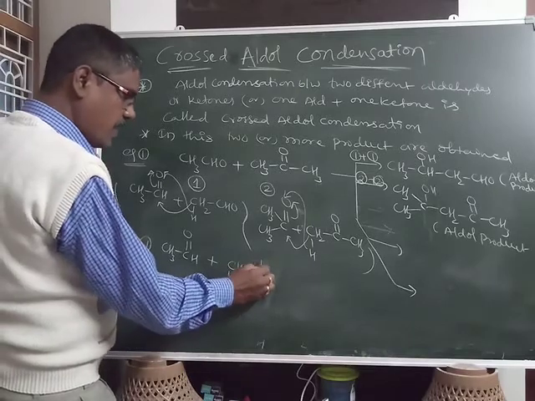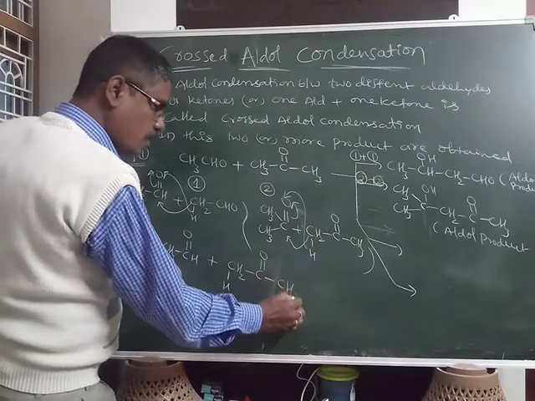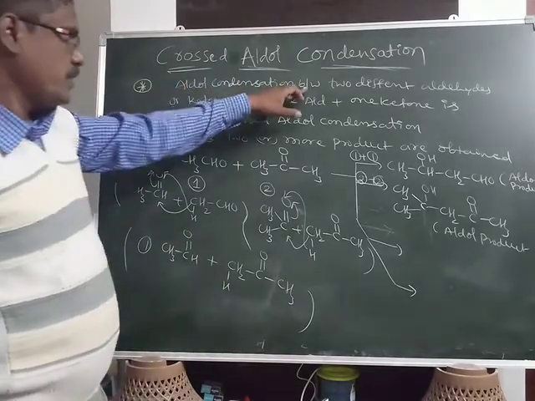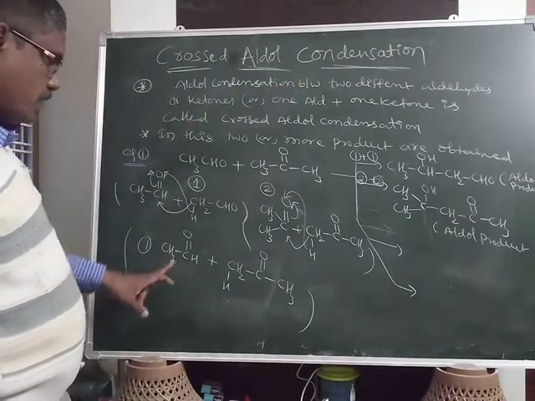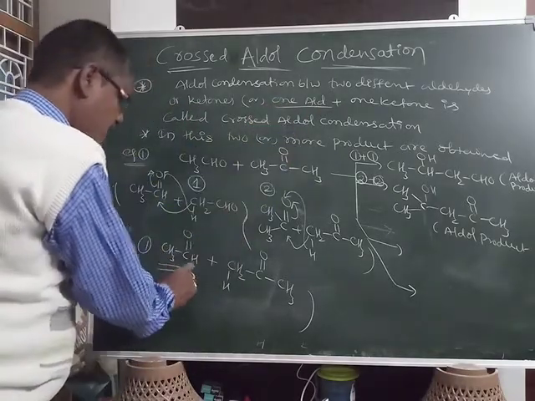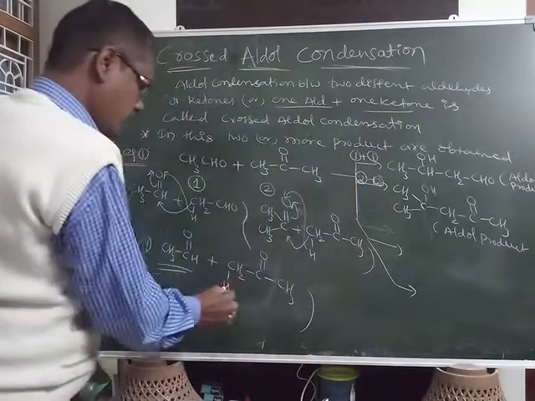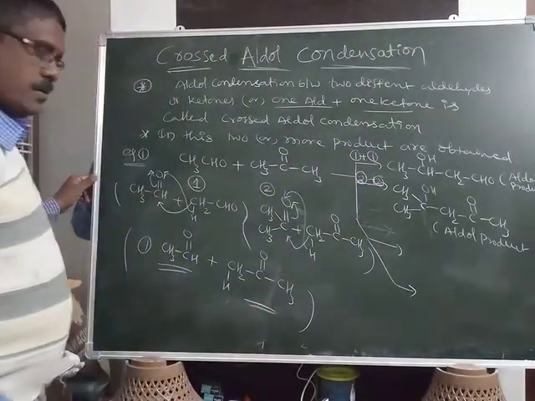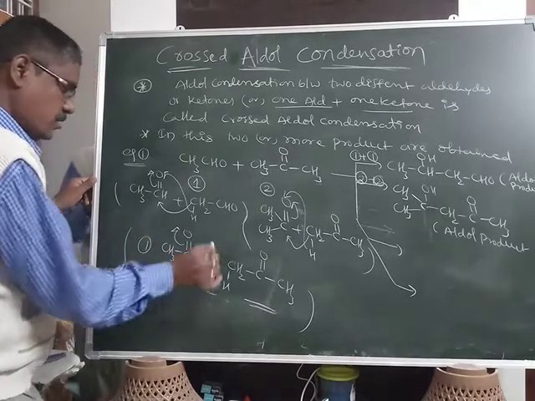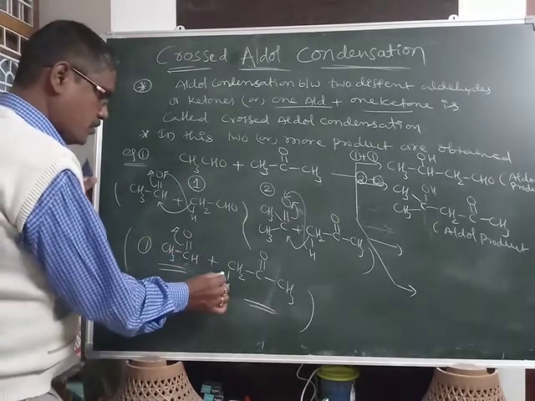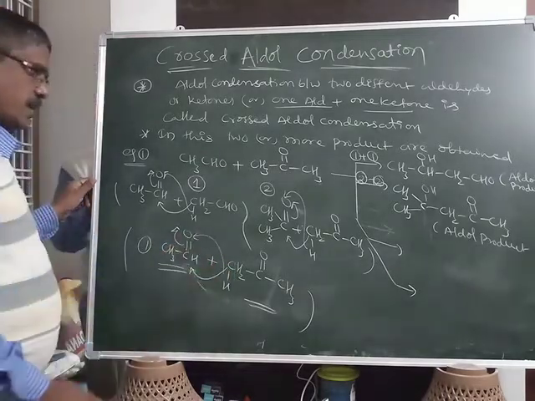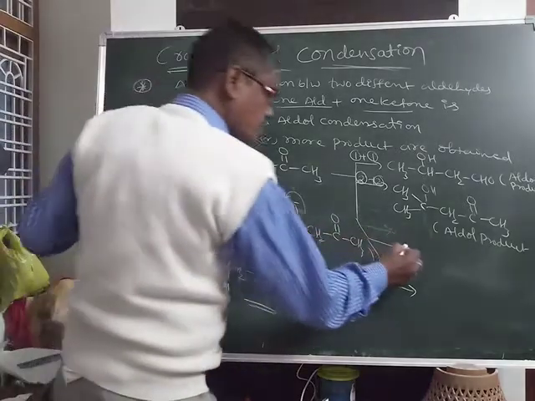This part is called crossed aldol condensation: the aldol condensation between two different molecules, one aldehyde and one ketone. The bond shifts to this side and hydrogen is added to oxygen, with a new carbon to carbon bond. Now the product is this one.